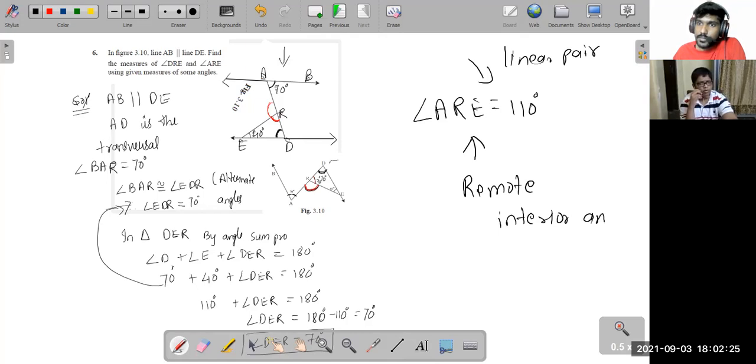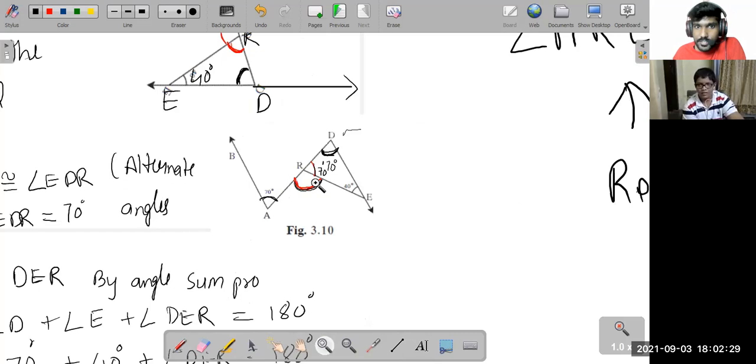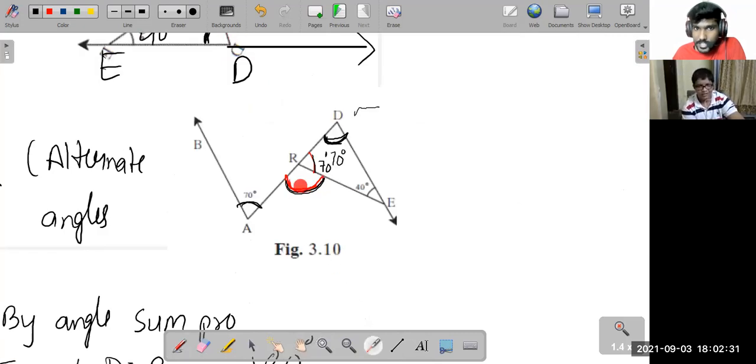This is the exterior angle, and these become the two remote interior angles. So 70 plus 40 is 110, so that's how this becomes 110 degrees. You also want DRE, right, sir?